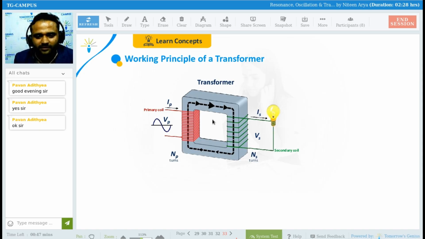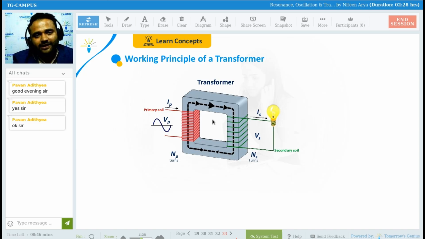Because 240 is the peak value, the maximum value. The average value, or RMS value, is peak or maximum value by root 2, even less than that. Clear?